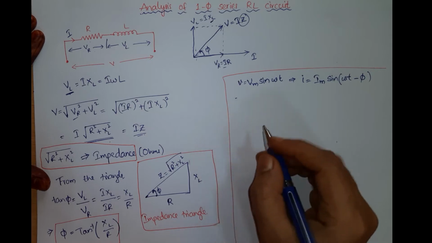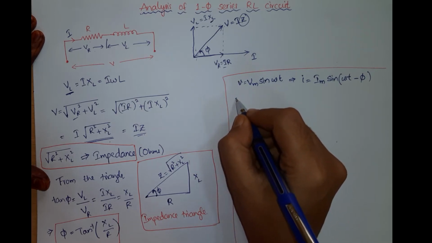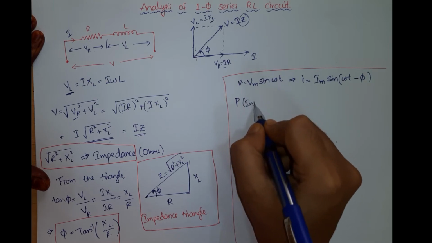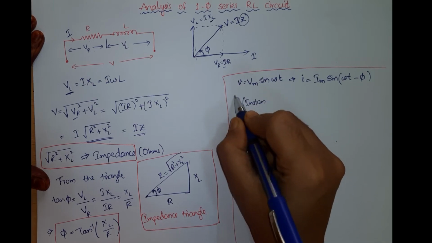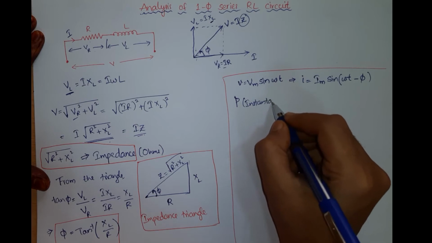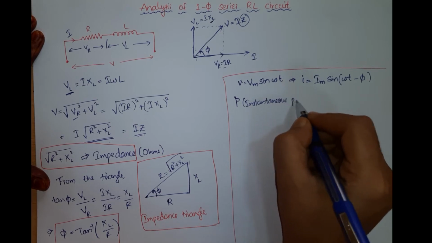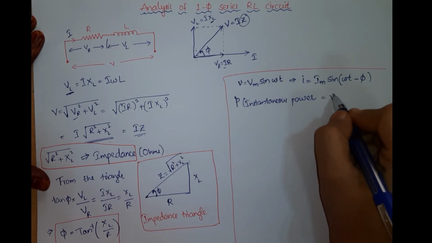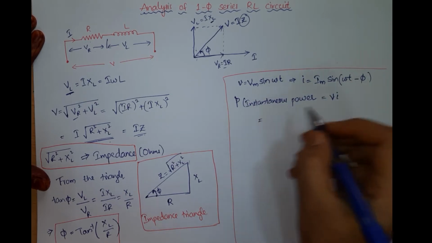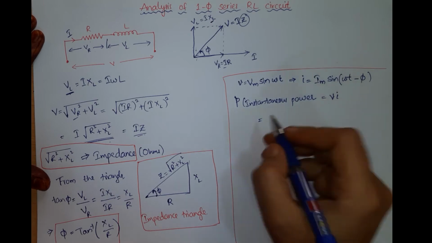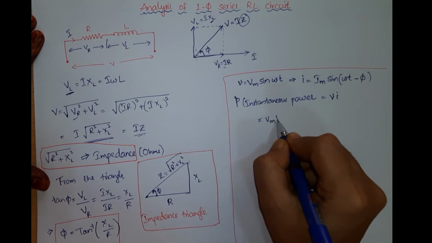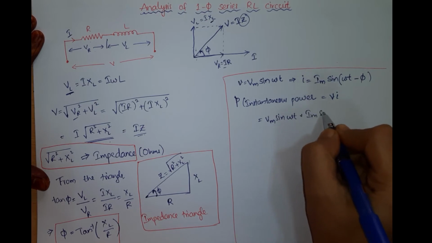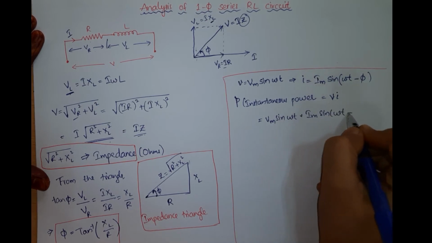So next, coming to instantaneous power p. Instantaneous power can be given from what? Small v into small i, that is the instantaneous values of voltage and current: Vm sin omega t into Im sin(omega t minus phi).